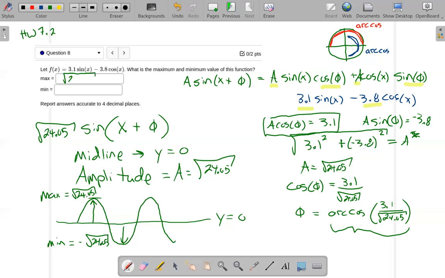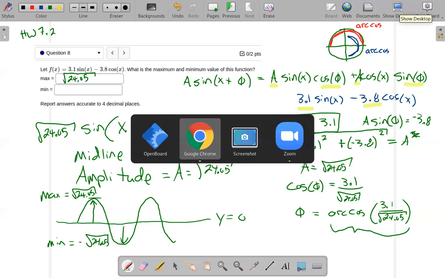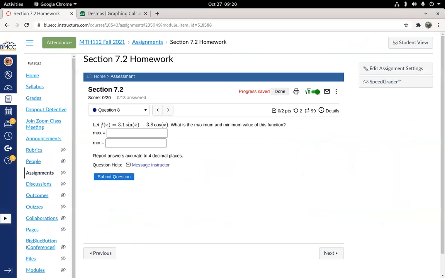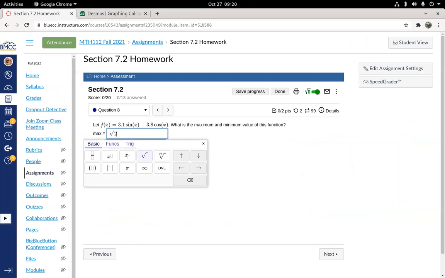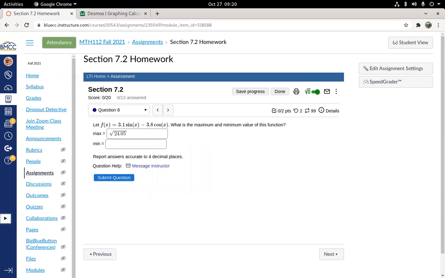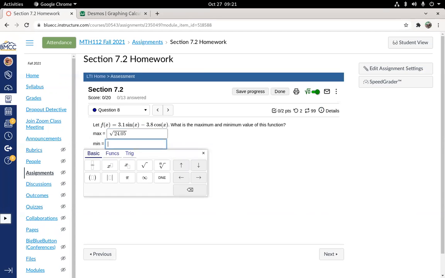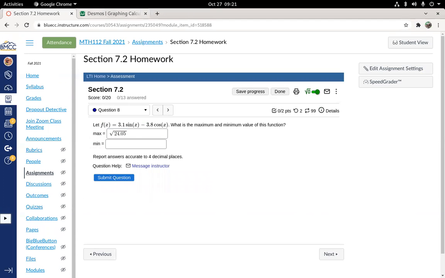The square root of 24.05 is our answer. And when I clicked on the box, it said I could type an expression or a decimal. So double check that. Yeah, so I could enter a mathematical expression. So I could say the max is the square root of 24.05, no rounding involved. Or I could go with the decimal version, because it does say decimals are allowed right there underneath.